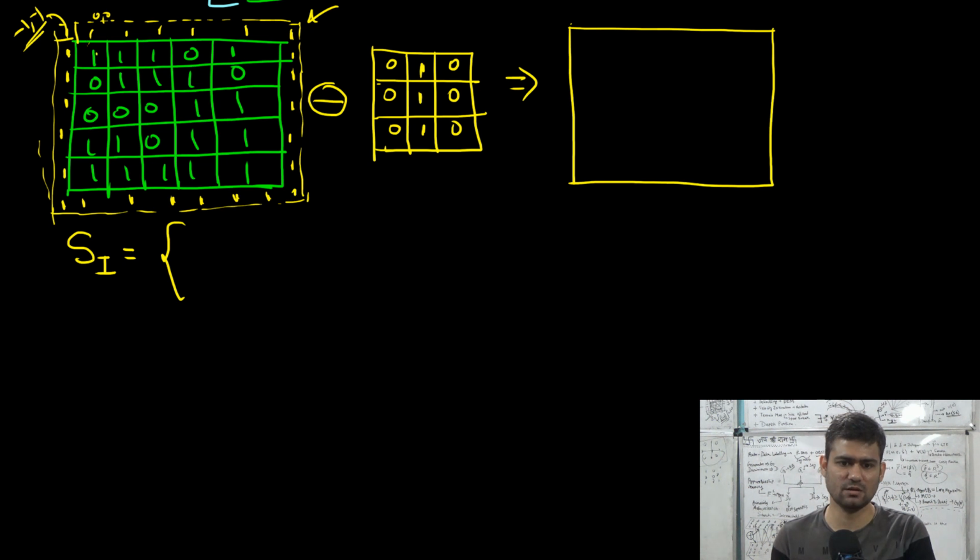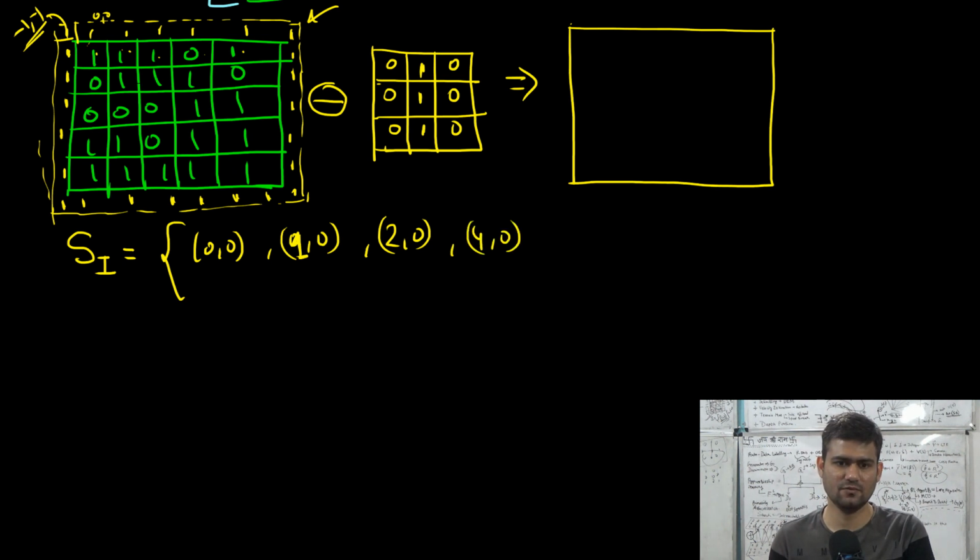So here we have 0, 0, 0, 1, 1, 0. This we have 2, 0. Here we have 4, 0.